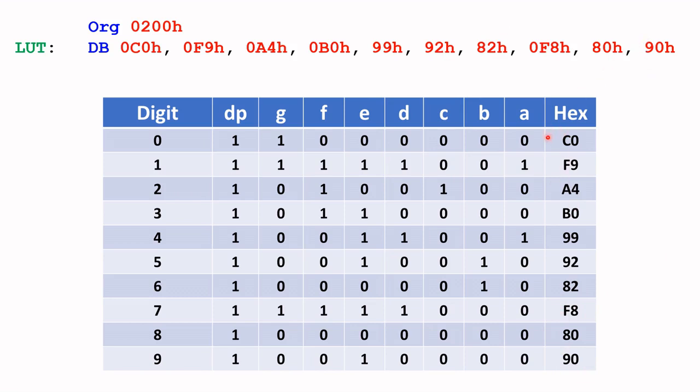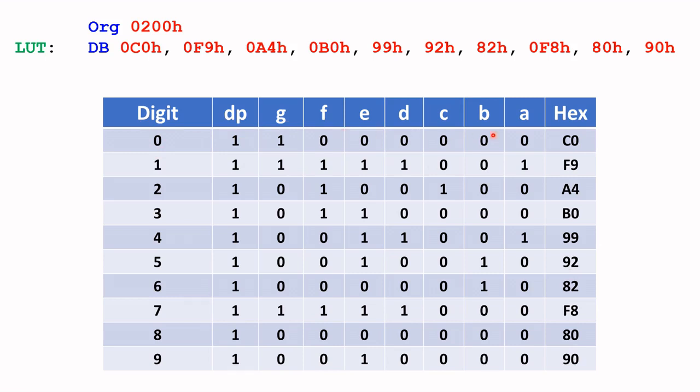And basically these hex codes, for example, C0 will give you a digit 0, A4 will give you a 2, and 92 will give you a 5, and so on. So this table highlights how you could determine the digit that you want to represent on the display using this hex code here.